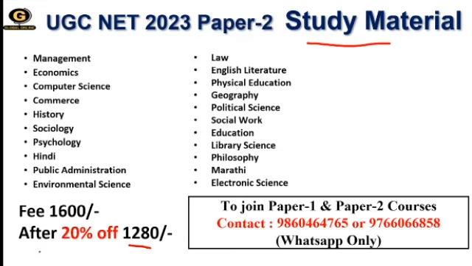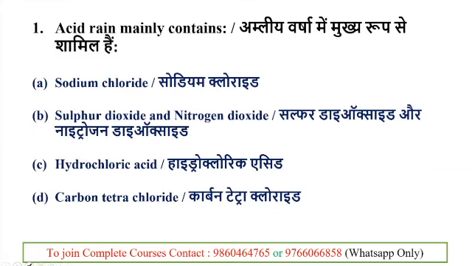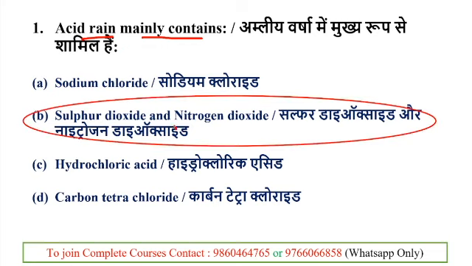So make use of this great opportunity. The first question: acid rain mainly contains which of the following materials or components? In acid rain, there are mainly two important components, that is sulfur dioxide and nitrogen dioxide. These are the two important components contained in acid rain.